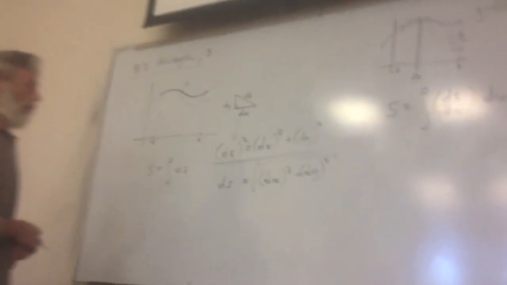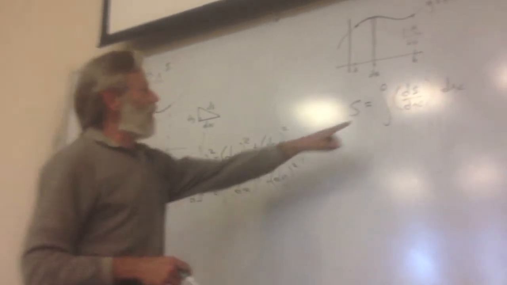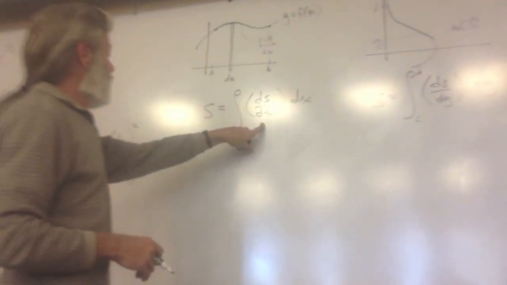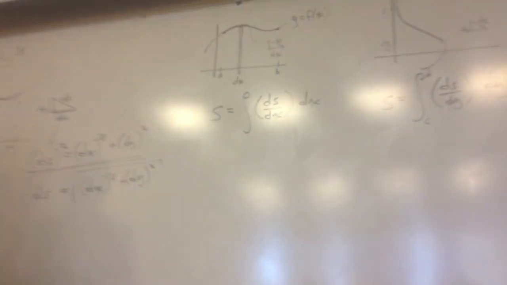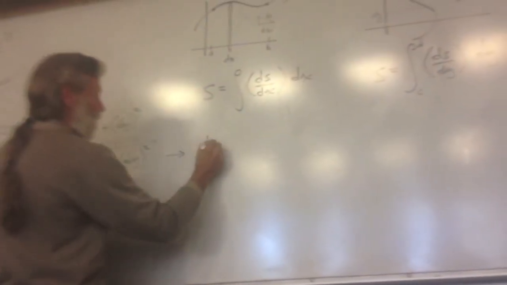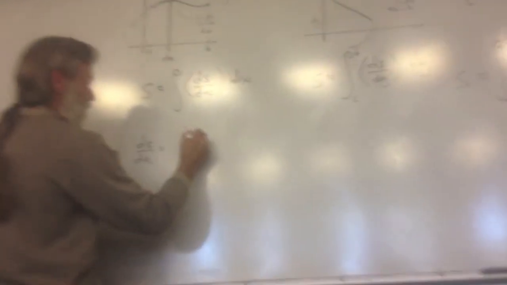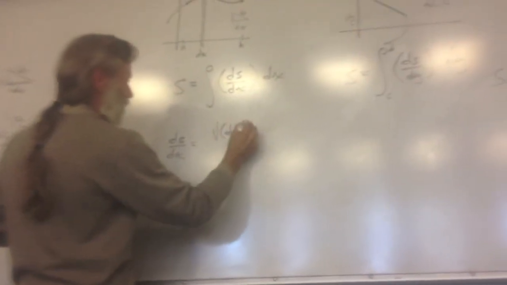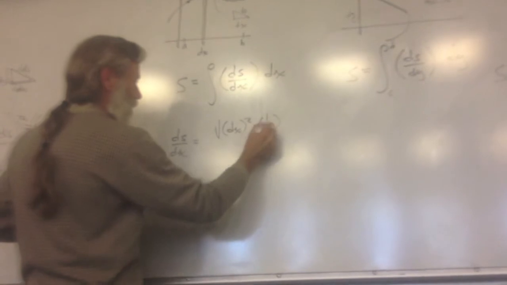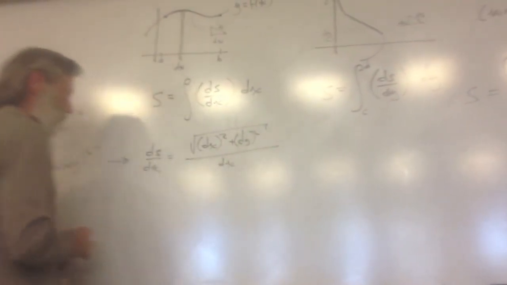And then when you ask, what is ds dx? Well, let's just take this. If I need ds dx, ds dx would be this square root of dx squared plus dy squared, all over dx.